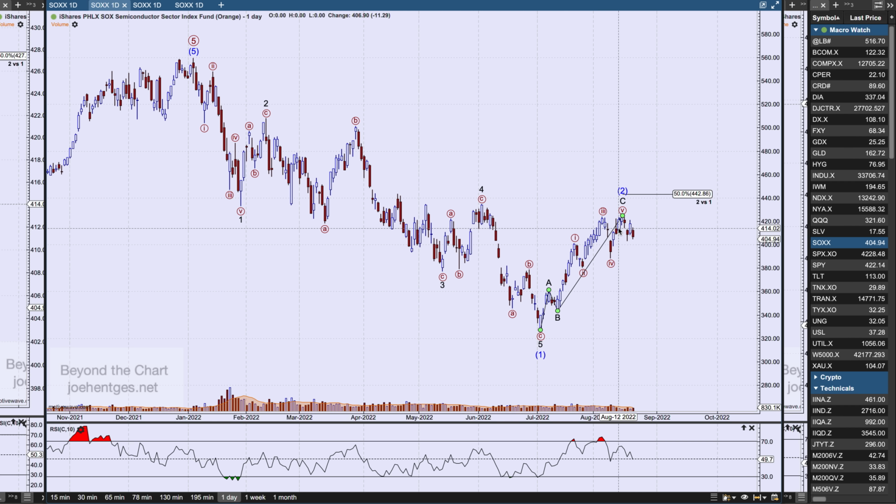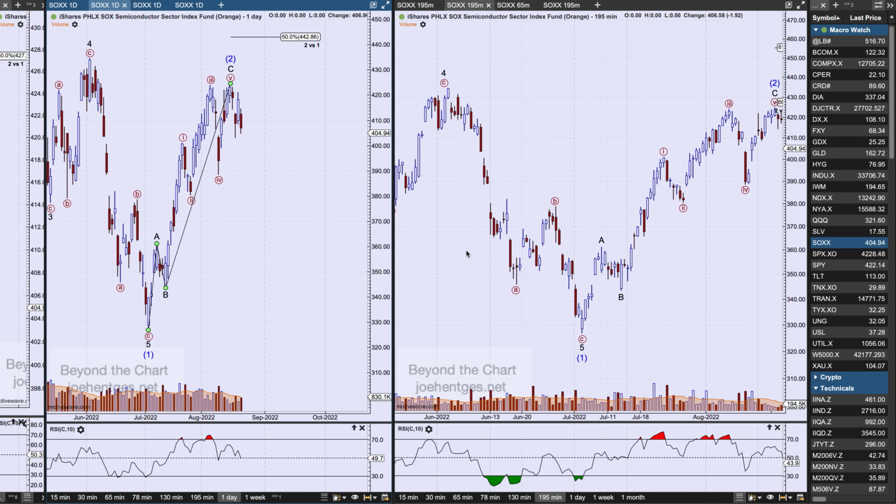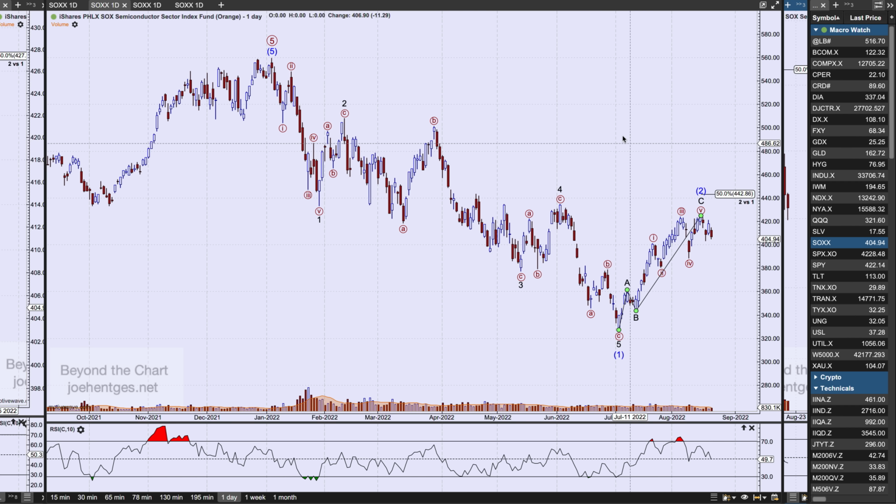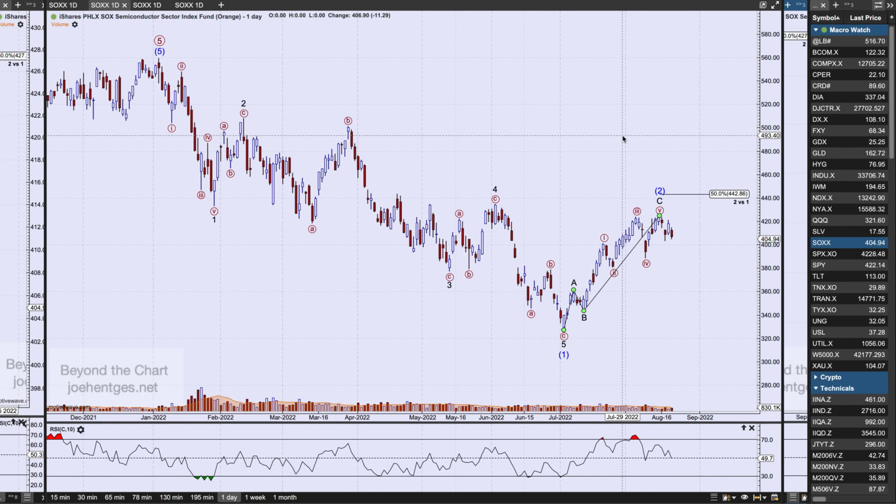The C wave can be either an impulse or an ending diagonal pattern. And I think that's exactly what we've got going on in here, an ending diagonal pattern for the C wave. We're getting the overlap. We're getting beautiful non-confirmation on the RSI. So now what do we need to see? We need to see it continue to break down and take out the lows in here, okay?